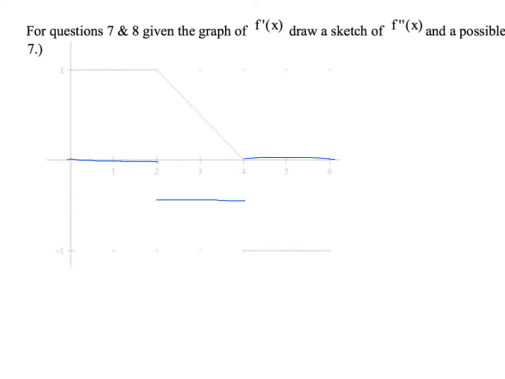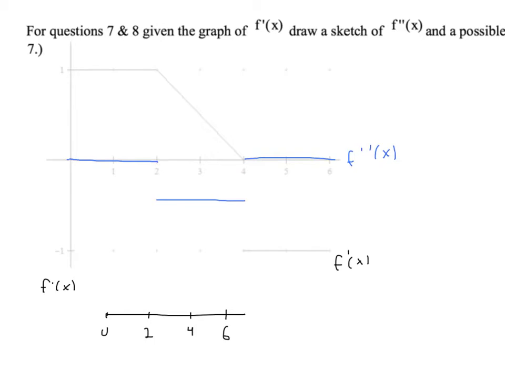So let's see what this means. This was the second derivative. This original graph was f prime of x, so these were the slopes. If I look at a first derivative number line, 0, 2, 4, 6, these numbers from 0 to 2 are positive numbers.